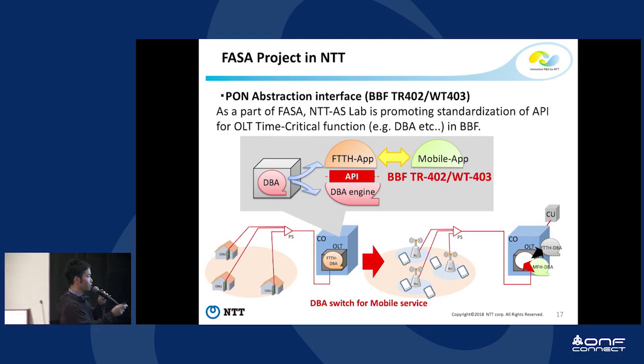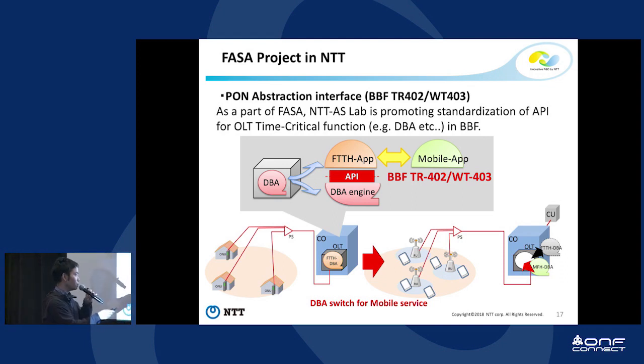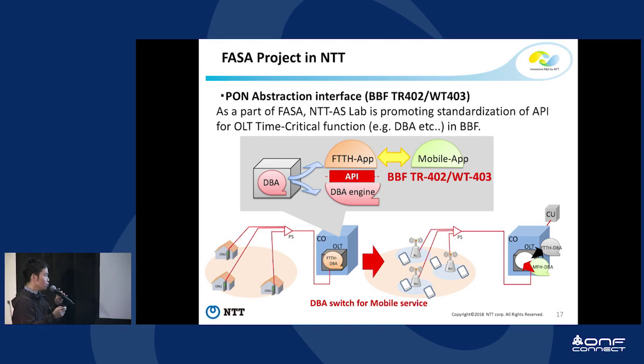For using a passive optical network as mobile fronthaul to connect the mobile station and control unit, a low latency DBA is needed. The box type OLT has an interface that both the FTTH DBA and the mobile fronthaul DBA can use.